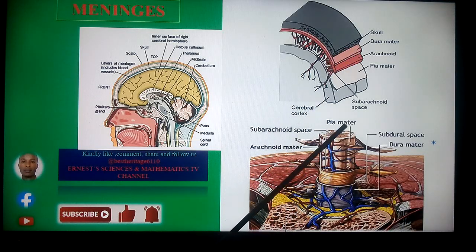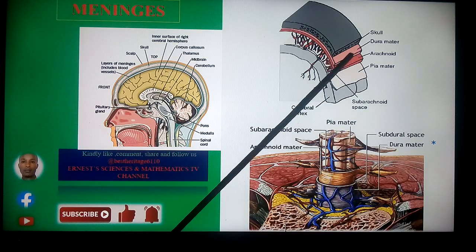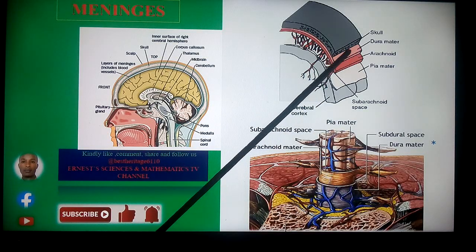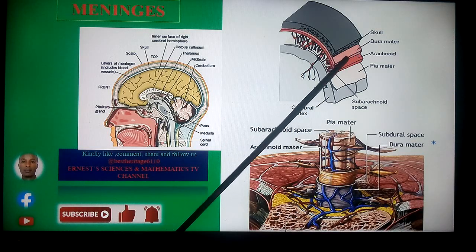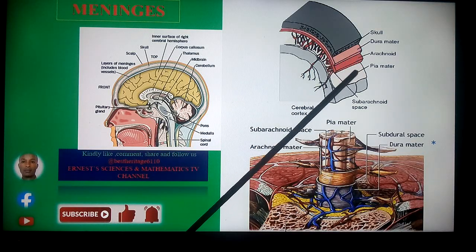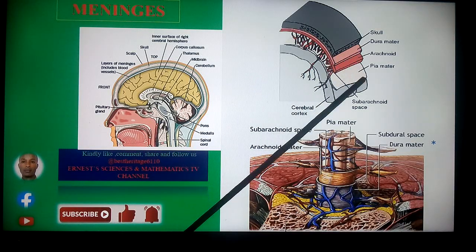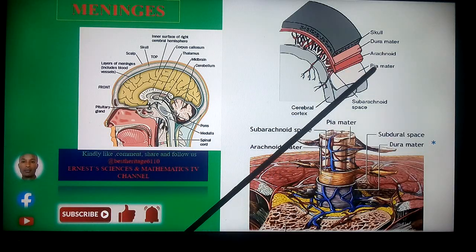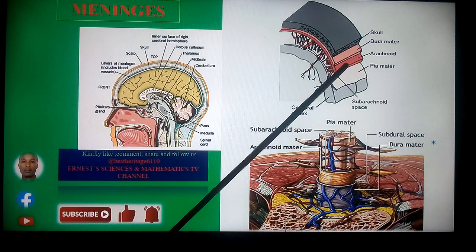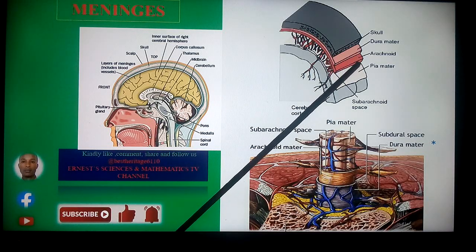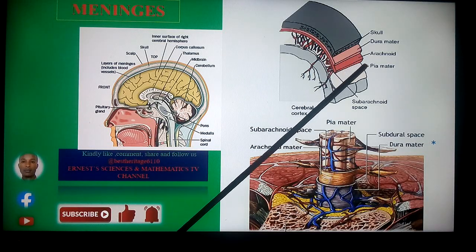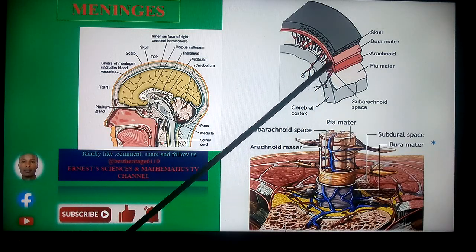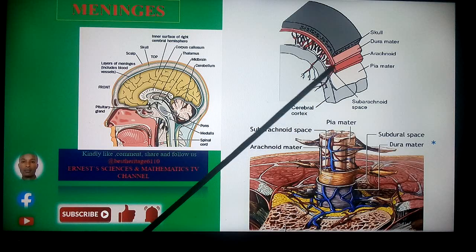From this, the dura mater is the top layer, adjacent to the skull, and it is the outermost layer. It is tough in its physical formation compared to the two layers we are going to see later, the arachnoid and the pia mater. The arachnoid layer is the middle layer, and it consists of web-like attachments.